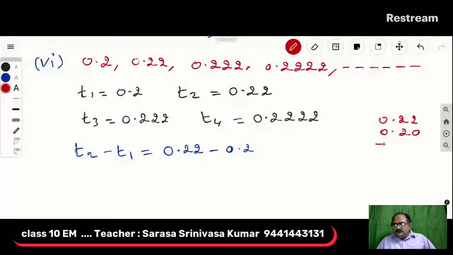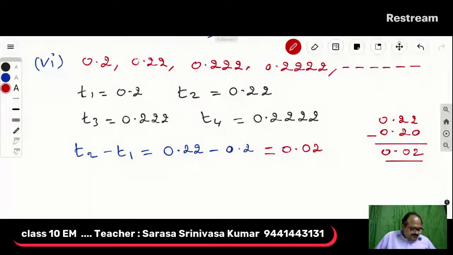So we subtract this, we get 0.02. So here the common difference is 0.02. Students must learn this simplification part. This is also a very important problem from the examination point of view, very important for class 10.